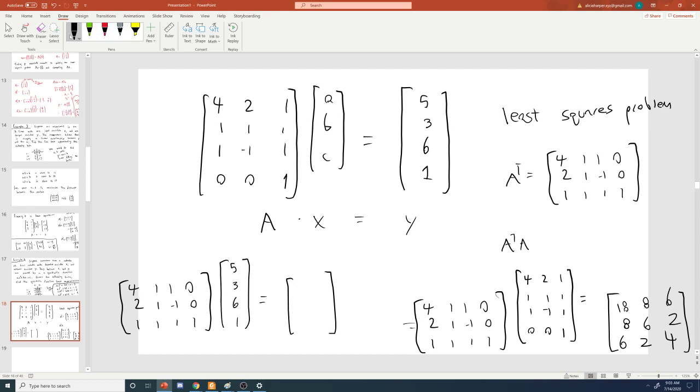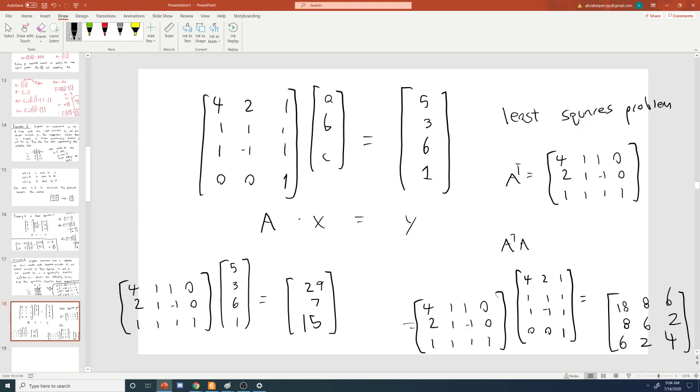I'm going to get 20 plus 3 plus 9, so 29 for my first component. And then for my second component, I'm going to get 10 plus 3 minus 6, so 7. And then for my final component, I'm going to get 5 plus 6 plus 3 plus 4, so I believe that's 15. Let me double check. Yeah.